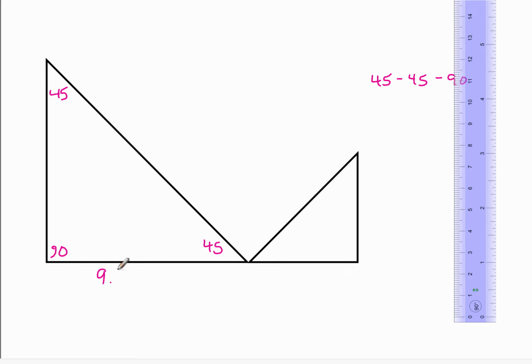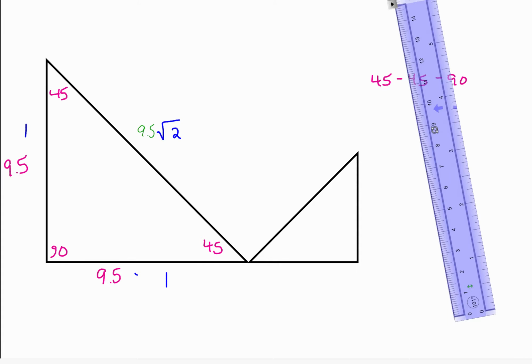So if this is 9.5, this is 9.5, and if we remember our ratio, this is a 1 to 1 to radical 2. That means all I have to do to find the measurement of this hypotenuse right here is take this 9.5 and multiply it by radical 2.